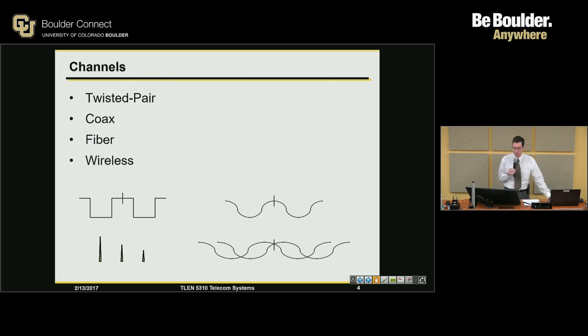I've drawn a square wave here, and if I run this square wave signal down the channel, it's like ones and zeros. As it goes farther and farther, that square wave gets distorted. It gets kind of smushed and stretched out like I have over here. And after a while, it no longer looks like a square wave.